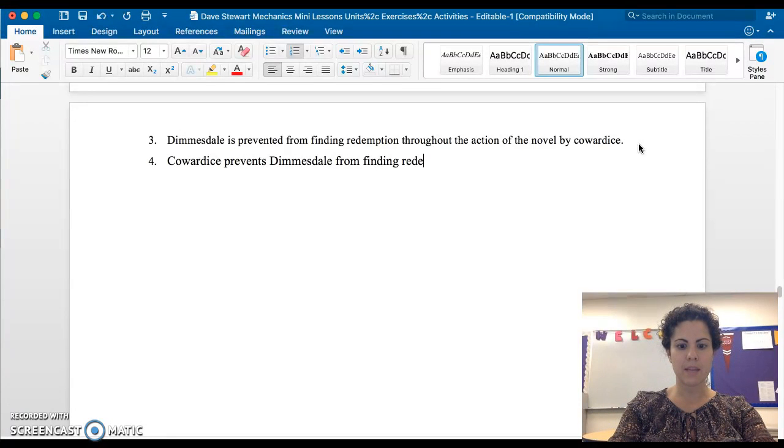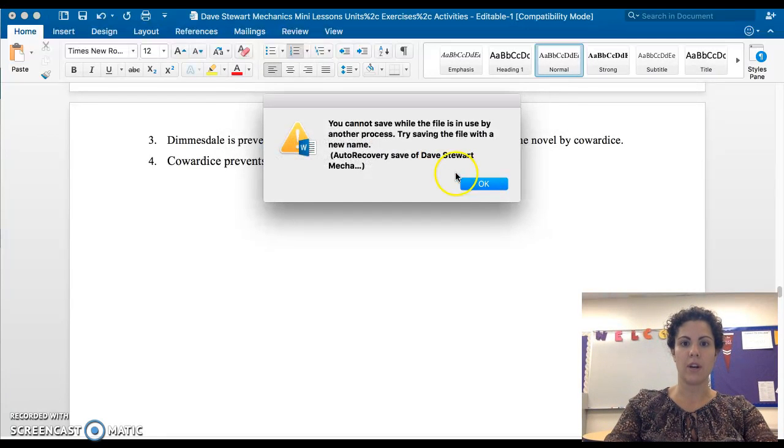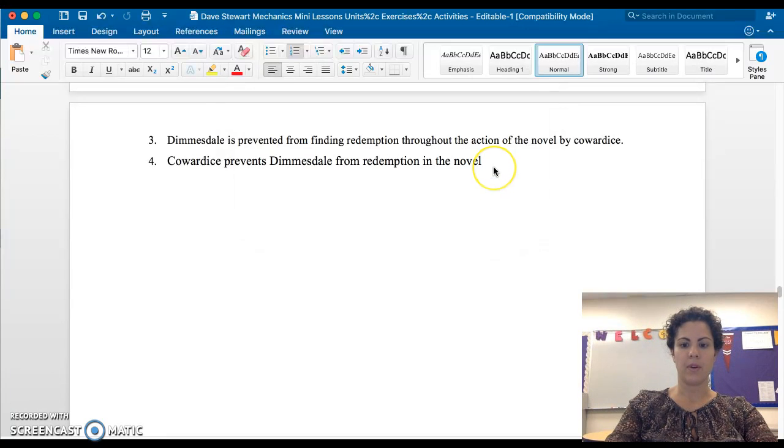Finding redemption. Do I need finding? I don't think I do. I'm going to take that out too. Cowardice prevents Dimmesdale from redemption in the novel. I don't think I need throughout the action of the novel, unless you're going to talk about action in the rest of your story.